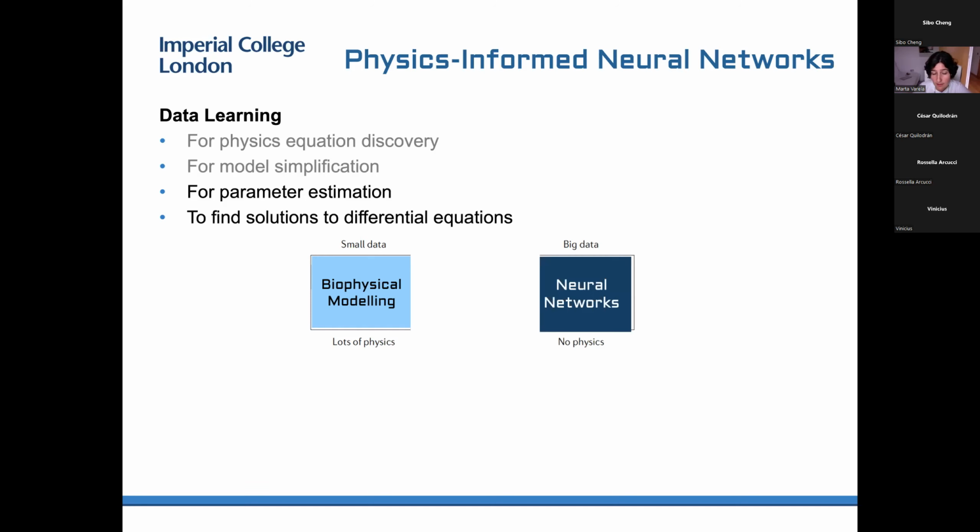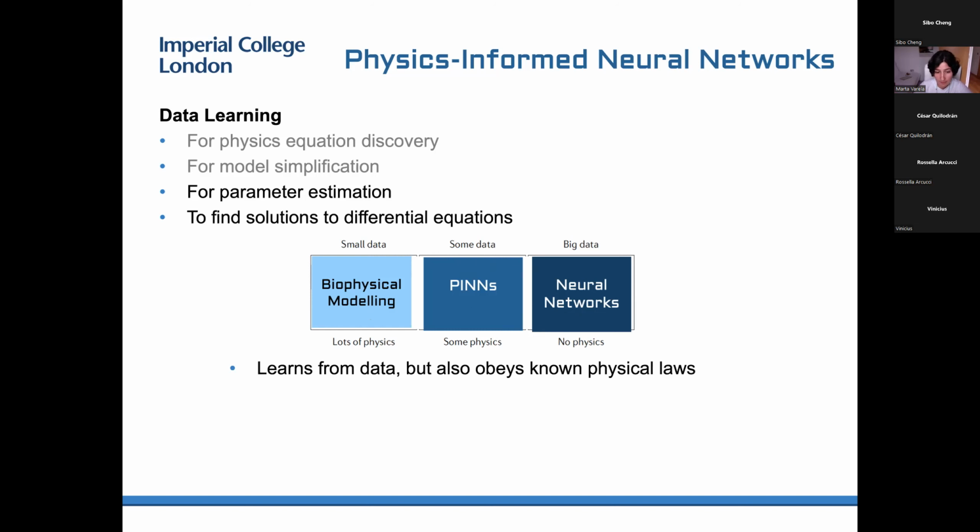So if you remember this diagram from before, you can think of the PINNs as bridging the gap between the modeling, for which you had small amounts of data, by using some intermediate amount of data, or perhaps even the same amount as in biophysical modeling, and having some knowledge of the physics of the system, but perhaps not as much as for the modeling itself, but definitely more knowledge than for the neural networks, and definitely less data than you'd need for a pure approach of neural networks only.